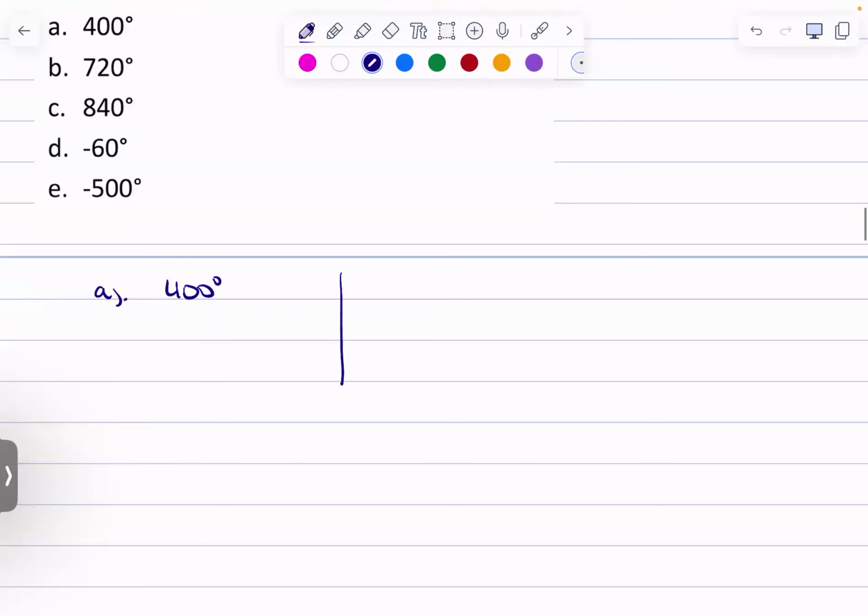If I map it out, I start here at my initial side and go around one turn. Then we want to figure out how much more past that one turn, so I'm going to do 400 minus 360, which is 40.